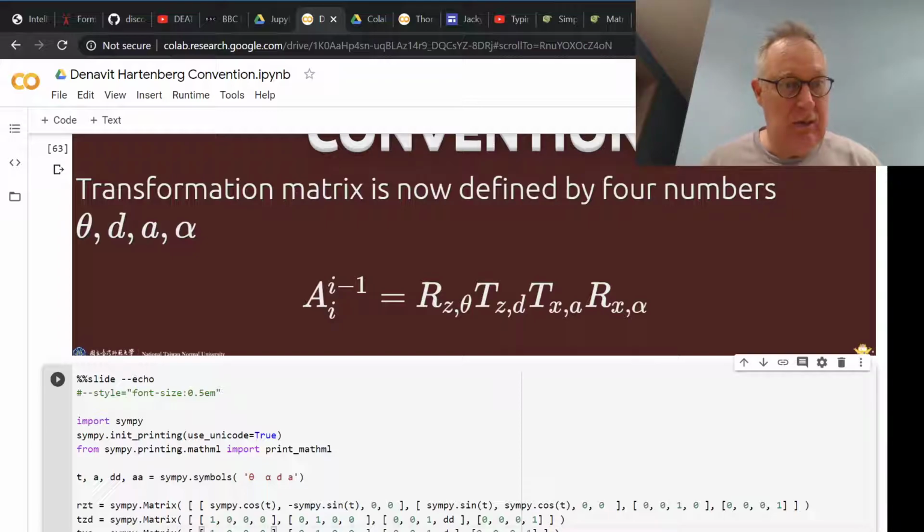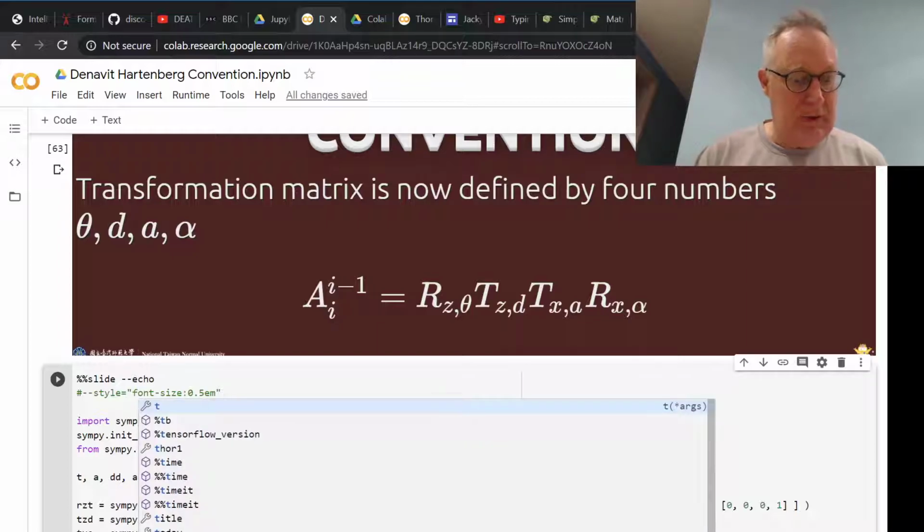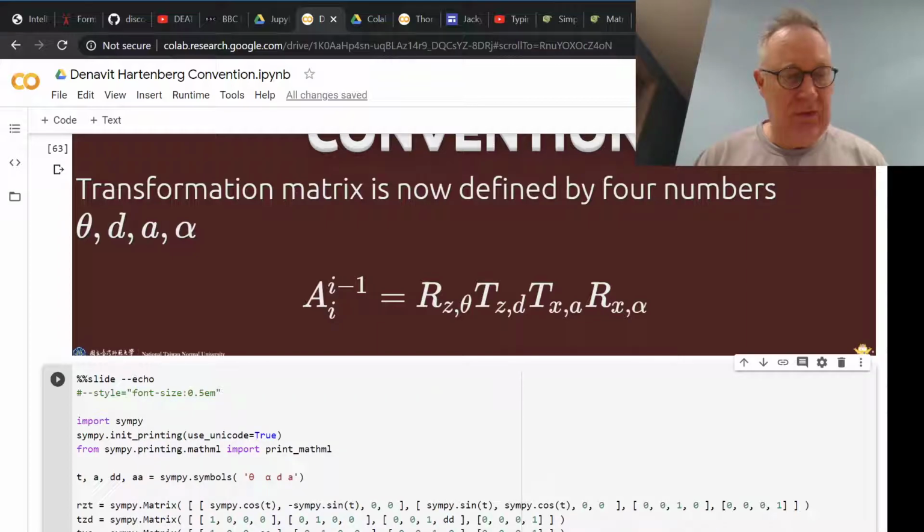We have 1, 0, 0, a, 0, 1, 0, 0, 0, 0, 1, 0, and 0, 0, 0, 1. And then we rotate by theta around axis z, translate along z by distance d, translate along x by distance a, and rotate around x by angle alpha.